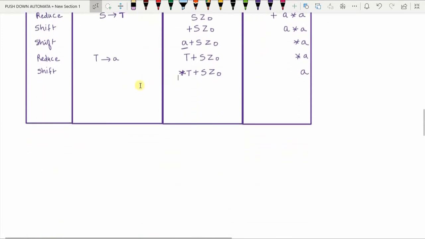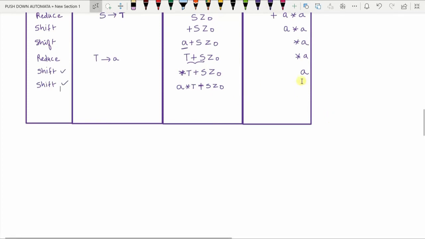So again I will use a shift action. This remaining A also I am going to shift onto the stack. Now you will understand why I ignored the move of reducing and continued with two shifting moves.